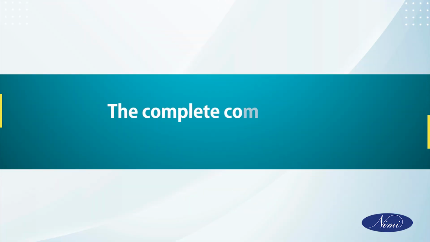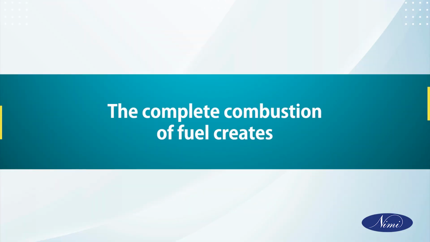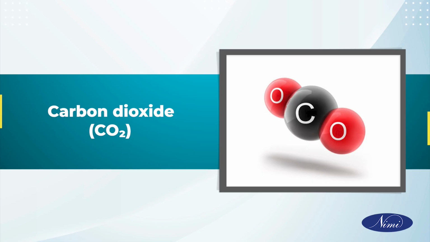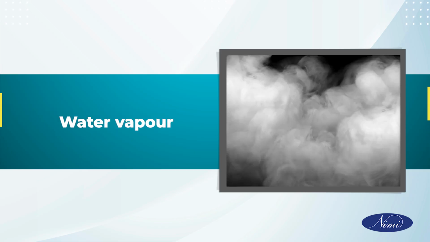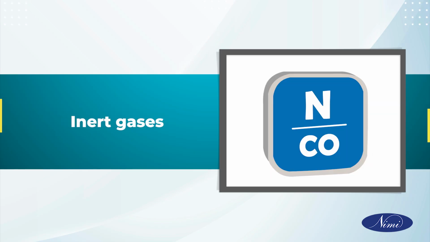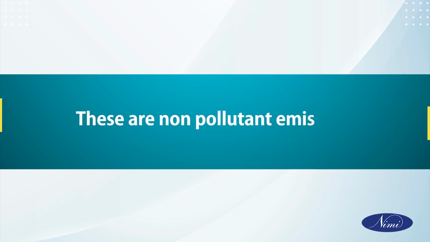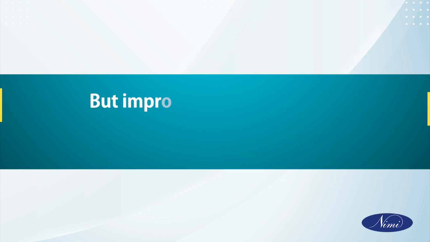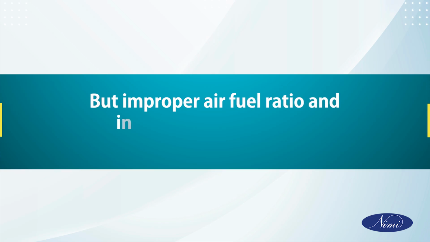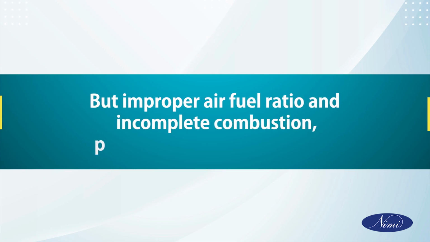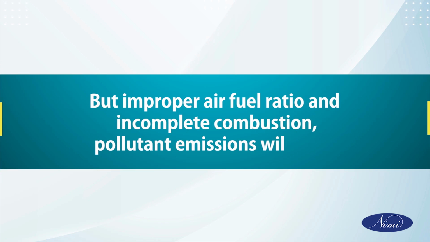The complete combustion of fuel creates carbon dioxide, CO2, water vapor, nitrogen, and inert gases. These are non-pollutant emissions, but with improper air-fuel ratio and incomplete combustion, pollutant emissions will come.